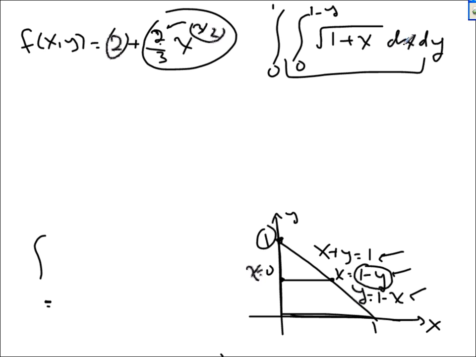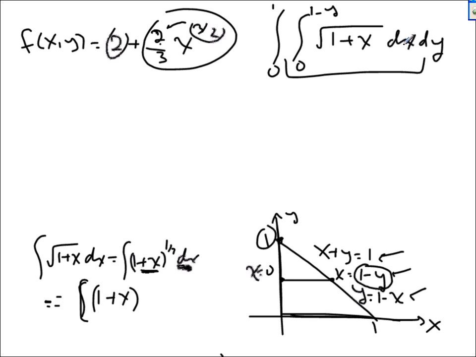Now, what is the integral of the square root of 1 plus x dx? And this is the integral of 1 plus x to the half dx. If I call this u, then that's du. Okay, so I get u to the 1 more, which is 3 halves, divided by 3 over 2. And this gets evaluated from 0 to 1 minus y.